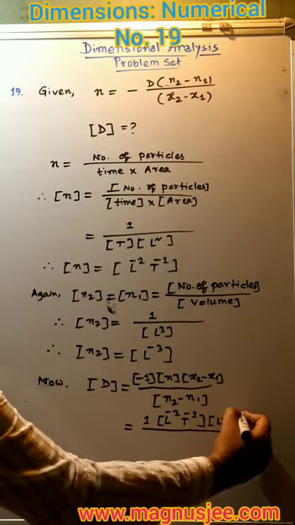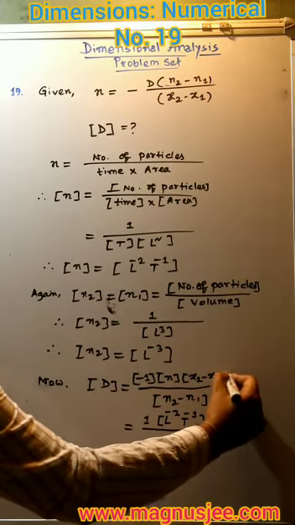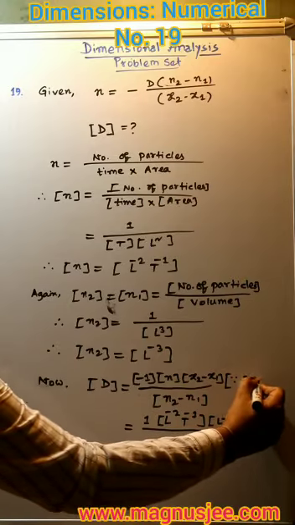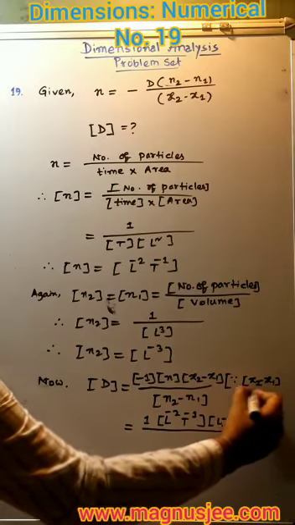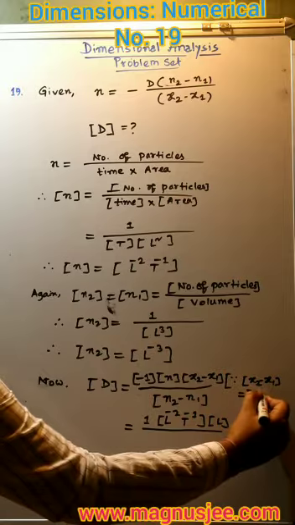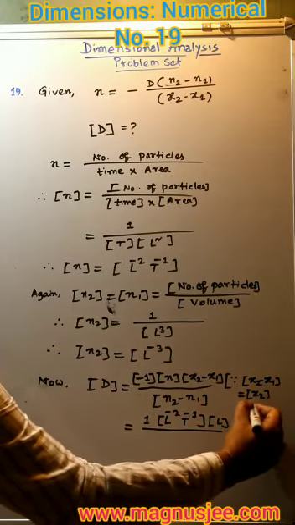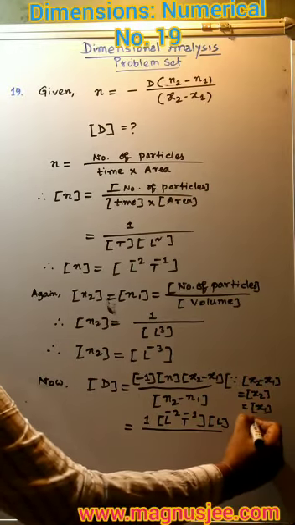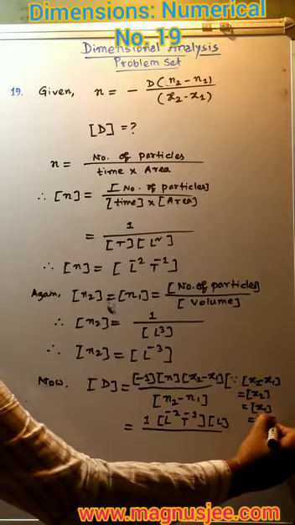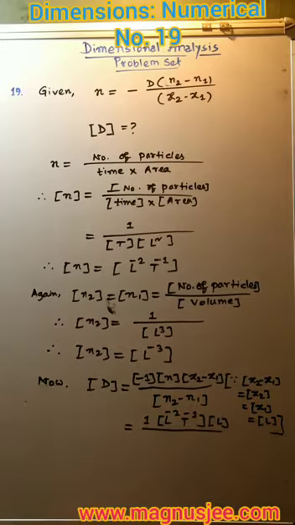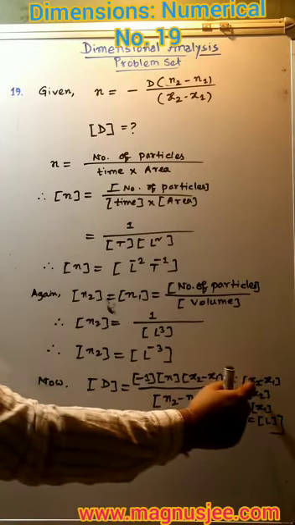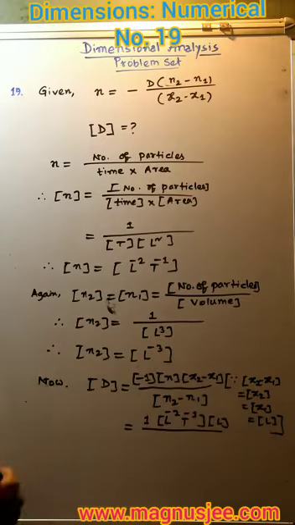Since, under the bracket, the dimension of x2 minus x1 is the same as the dimension of x2, the same as the dimension of x1, and the same as the dimension of length, because x1 is subtracted from x2, that's why they will have the same dimension.